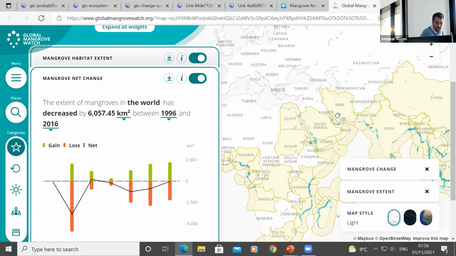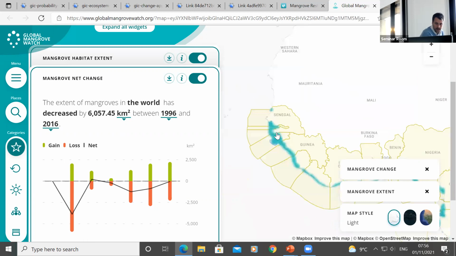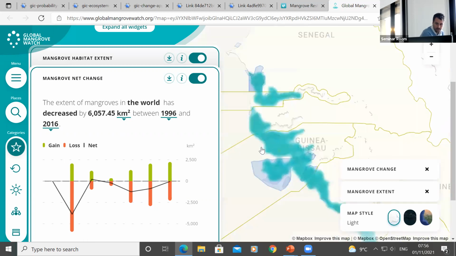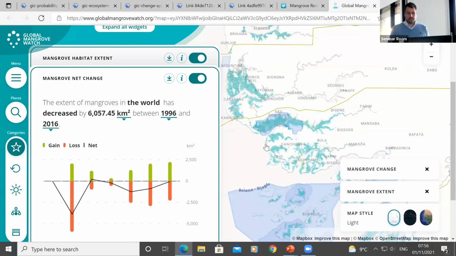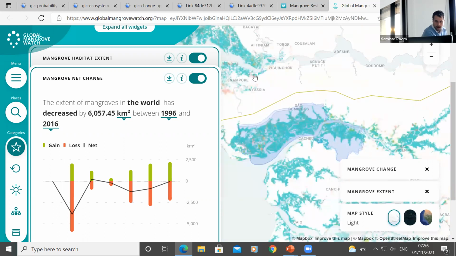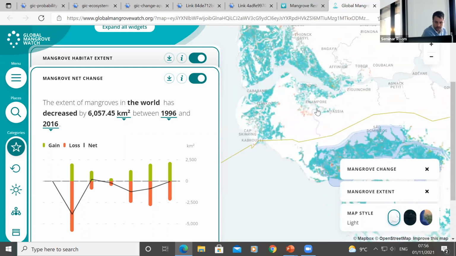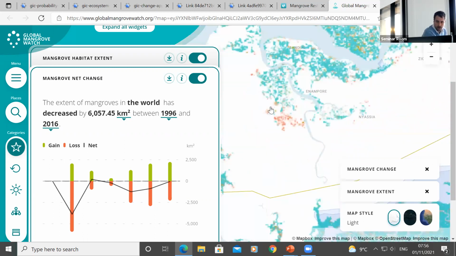If we zoom into certain locations, if we go into this area in West Africa, you'll see, as it zooms in, it starts to redraw over the top. And what you can start to see is things like where mangroves have been lost. So we've got a lost area of mangrove down here at the back.